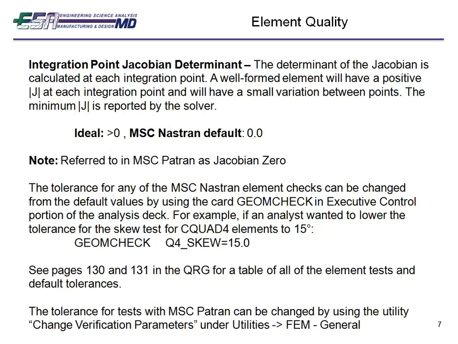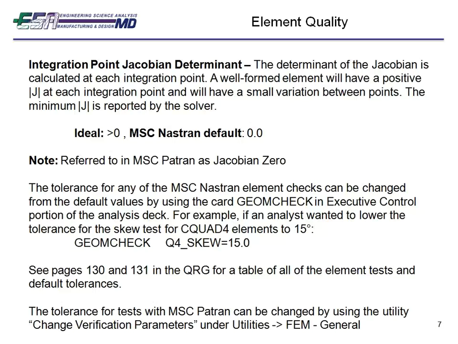And the minimum Jacobian determinant is reported by the solver. So ideally you want a determinant that is positive, greater than 0, and the Nastran default tolerance is set to 0. And this same check is referred to in Patran as the Jacobian 0.